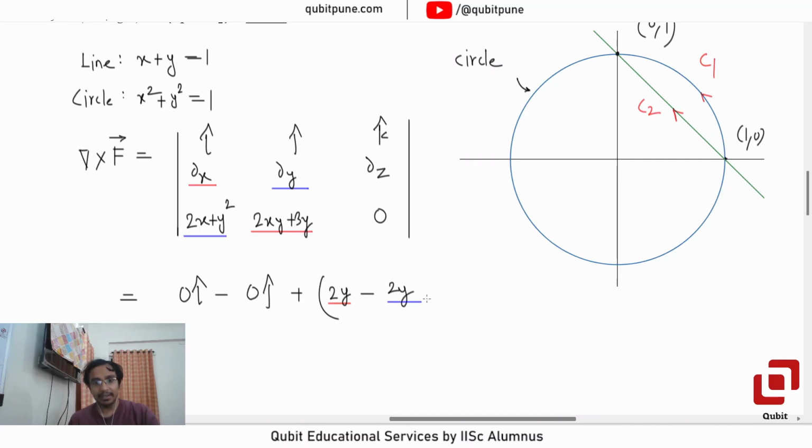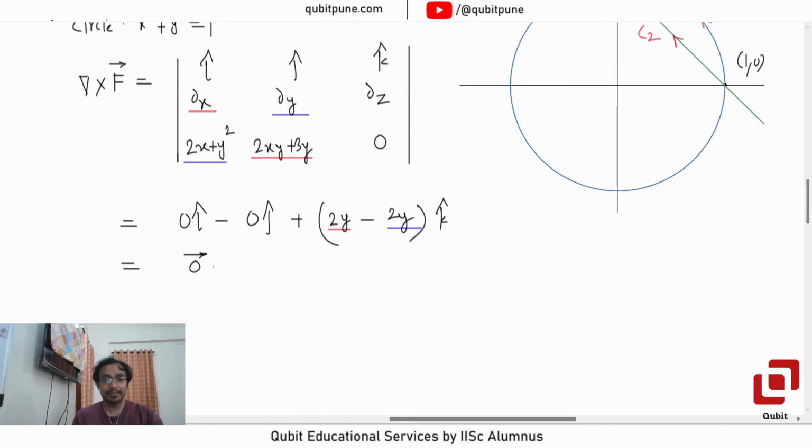You find that curl is 0. What does it mean? It means f bar is irrotational or conservative.